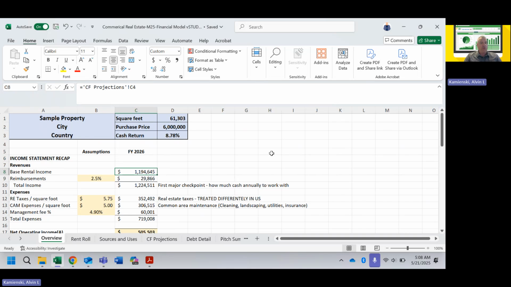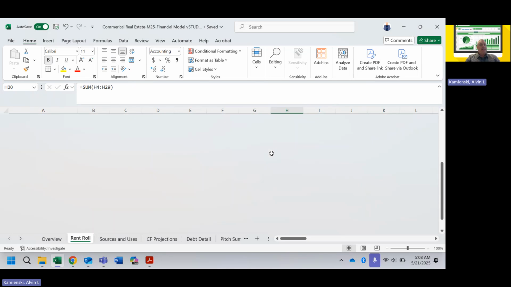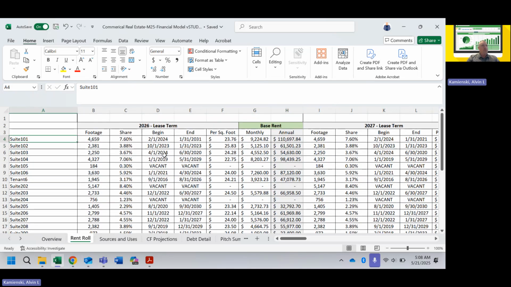The rent roll is the statement that shows you all your different sources of rental income by suite and then by year. And as you can imagine, as somebody who maybe rents a flat of your own, when your lease comes due before your last year, your landlord may come to you and say, we're actually going to raise your rents a little bit.